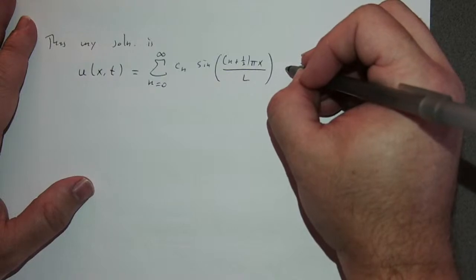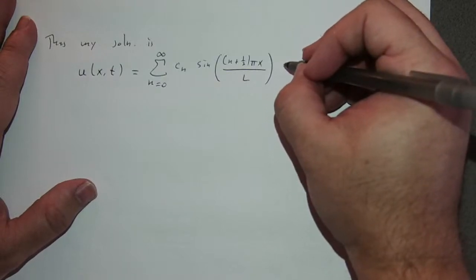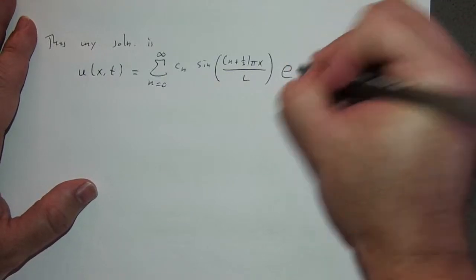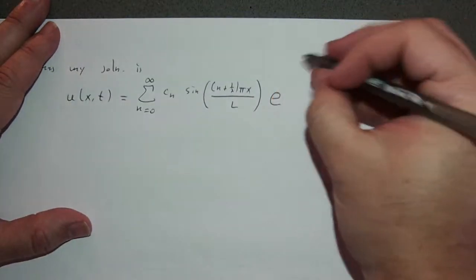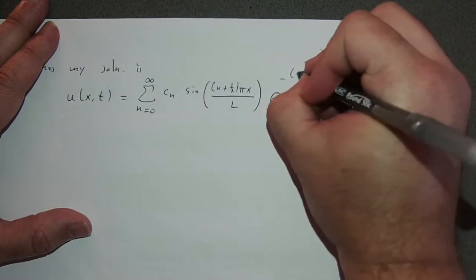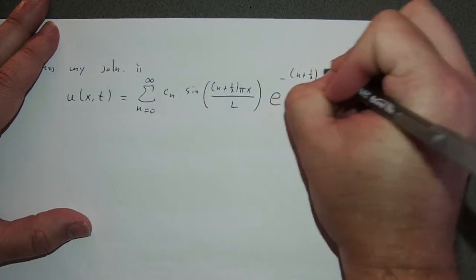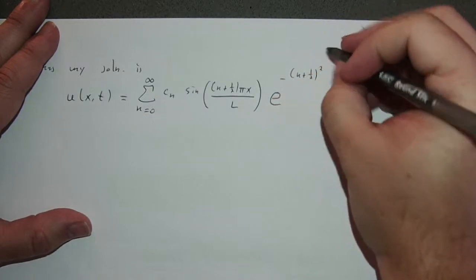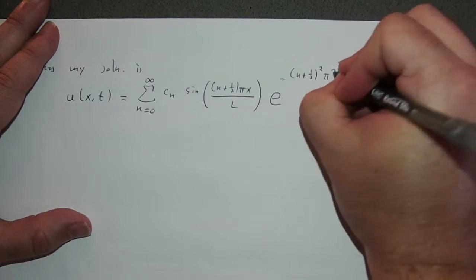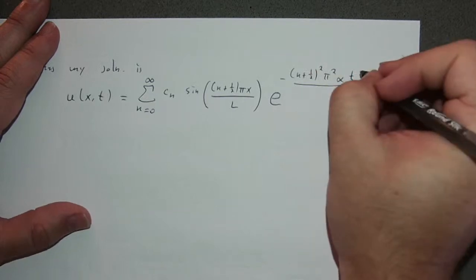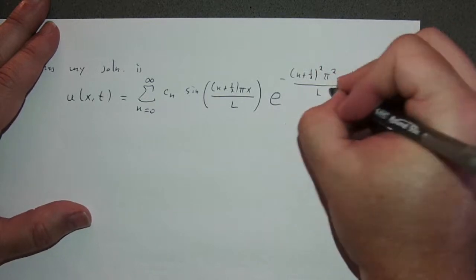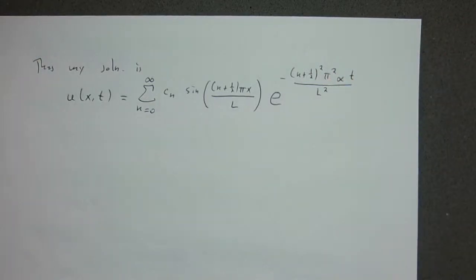I'm going to write that entirely in terms of n, so I'm going to write this as e to the minus (n plus 1/2) squared pi squared alpha t over L squared. Okay.